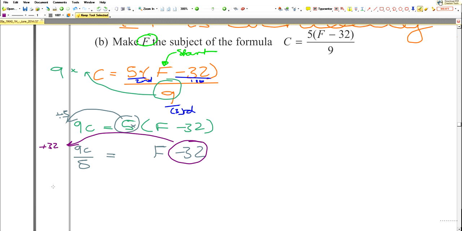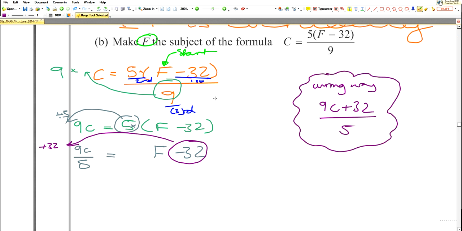There's a lot of mistakes made by students. I'll write down what the mistake is first. So this is the wrong way of doing it. I'll do it on the side and label it the wrong way of doing it. Normally students do 9C add 32 divided by 5. Now, why is that the wrong way of interpreting 9C over 5 plus 32? Abdullah, why do you think that's wrong?